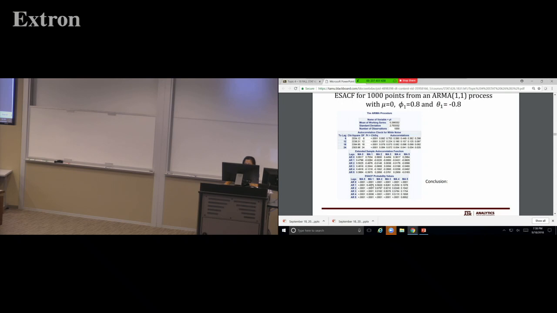Still non-significant values. You could go all the way. All of these. So the model that this extended sample autocorrelation function analysis leads me to investigate would be an ARMA(1,1) model. So you look at the vertex of this right triangle of non-significant values. If you wanted to know what the R notation for this would be, R sub 2,1.